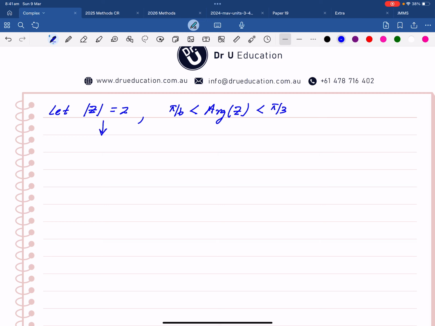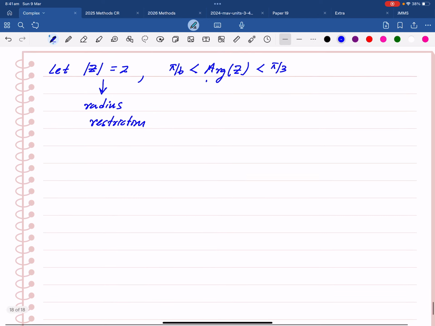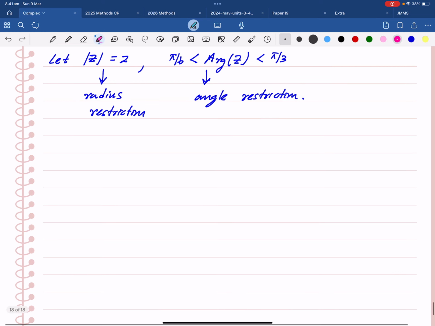Now you understand, if you read this carefully, this is your radius restriction. This is your angle restriction, right?